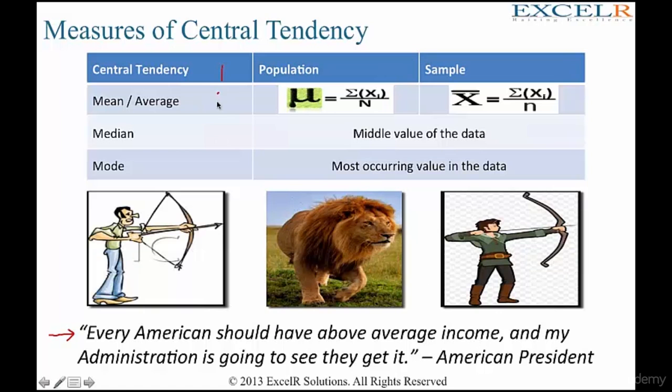If you have numbers 1, 2, 3, 4, 5, if you take an average, it is summation of all these numbers, 15 by 5, which is 3. You'll have a few numbers which are below your average. You'll have a few numbers above the average. How can you have everyone having above average income? Is that possible? Give a thought.